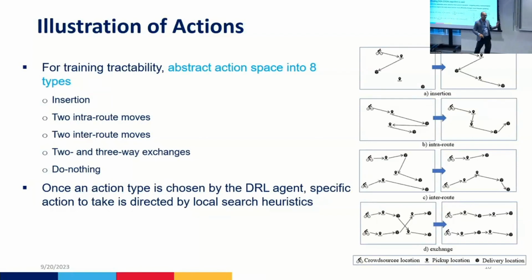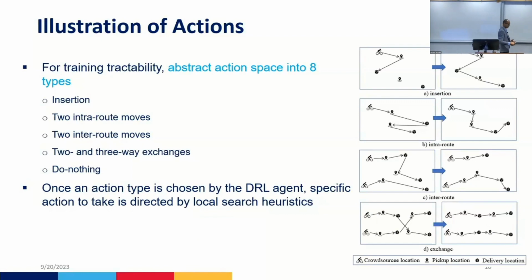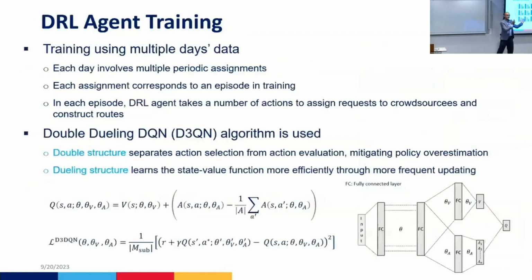I'll not get into the detail of the ML portion, but there is some neural network involved, and this is what we borrow from the machine learning folks. Let me directly get to some results. I just want to show you that this idea of not just using pure heuristics, which is the previous state of the art, but using some amount of machine learning, actually gives you better results in terms of the shipping costs I was talking about.